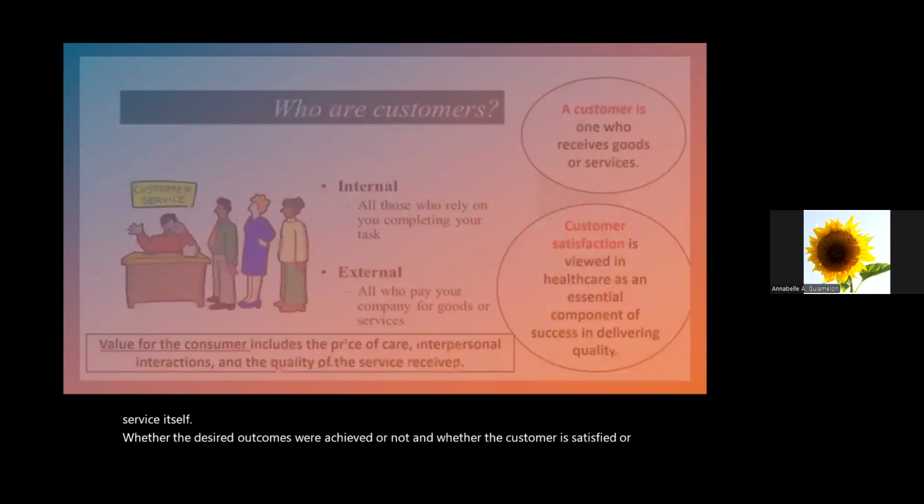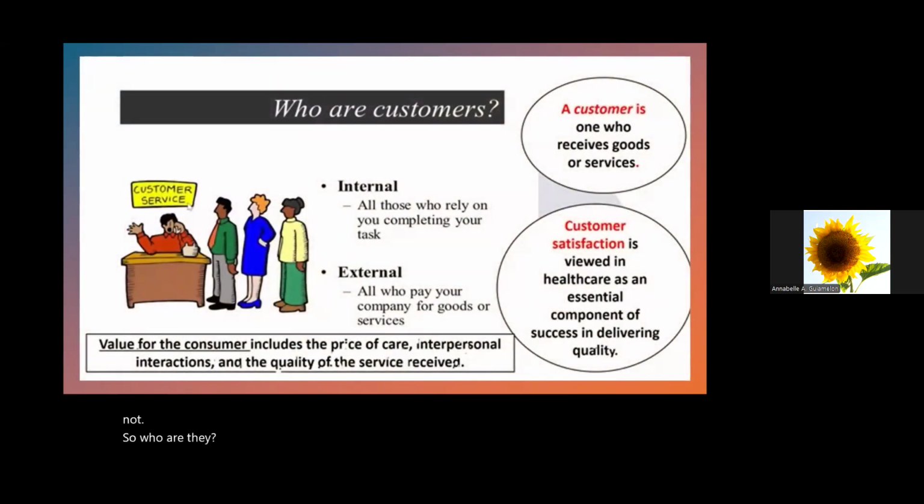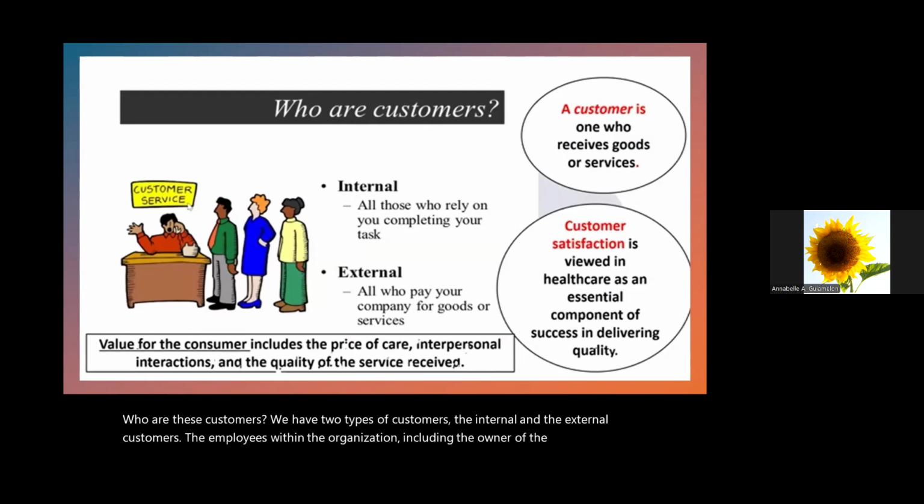So, who are these customers? We have two types of customers, the internal and the external customers. The internal customers are the employees within the organization, including the owner of the establishment and all the employees, such as doctors, physicians, nurses, housekeeping staff, receptionists, and everyone working inside the organization.